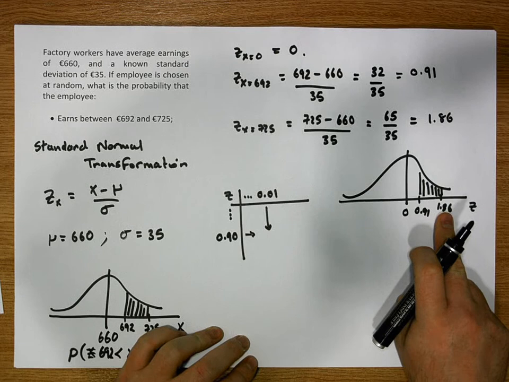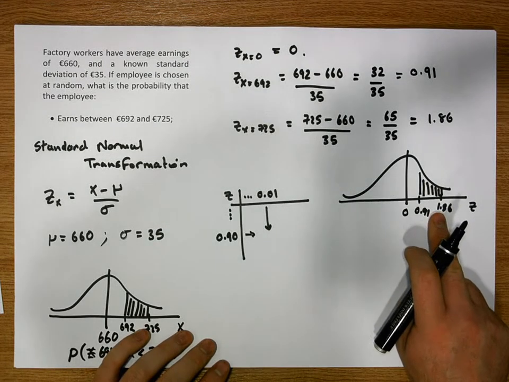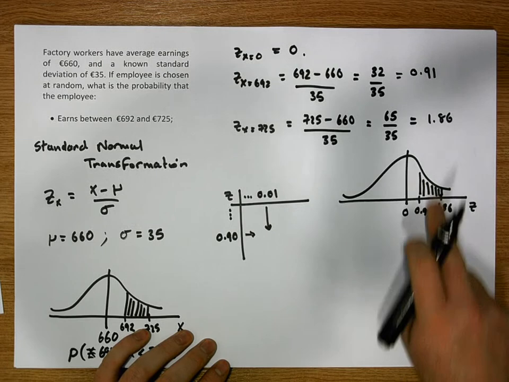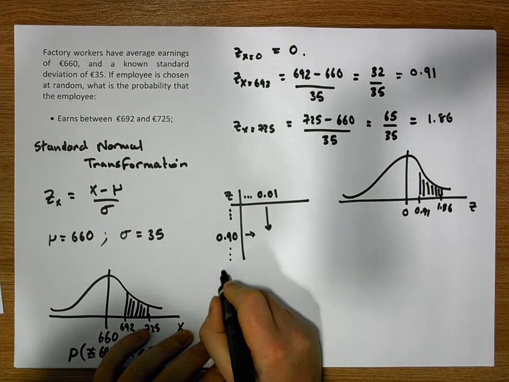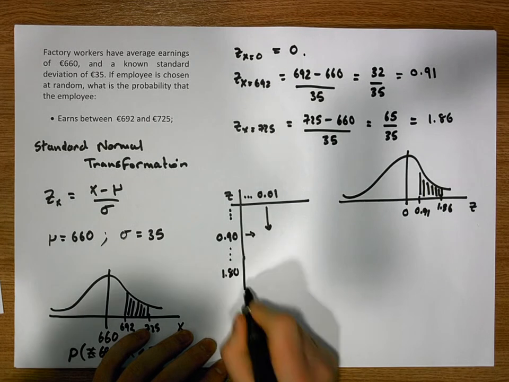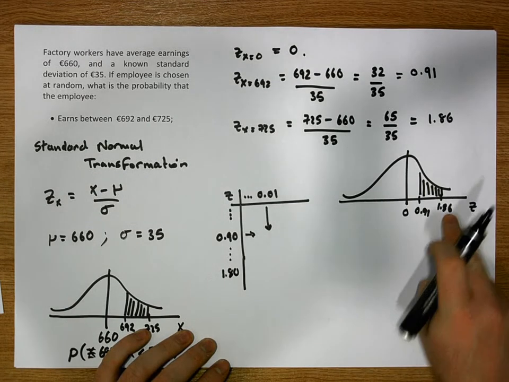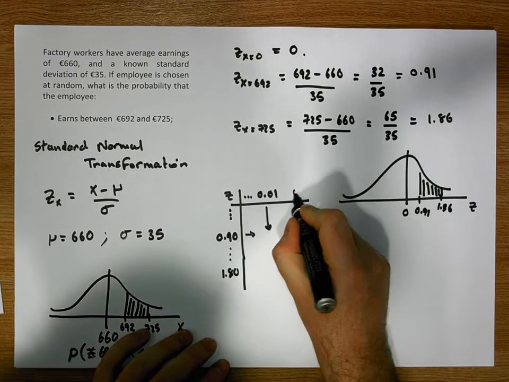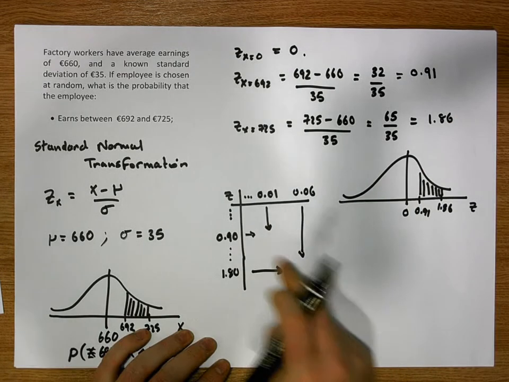With respect to the second value, its first significant digit is 1, and its first decimal digit is an 8. So we're going to come down to 1.80 on our tables, and come across to the column labeled 6, or 0.06. We're going to triangulate to give us two values.